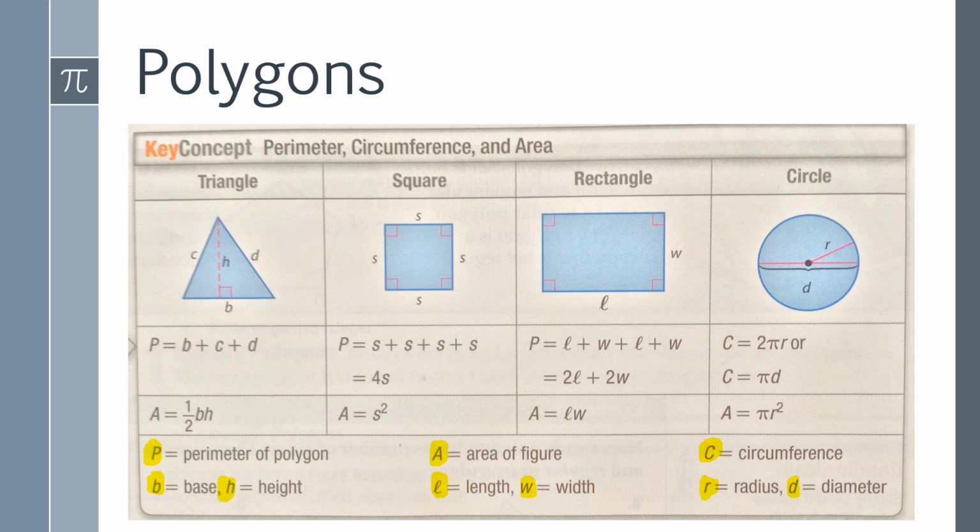So all of these formulas you're going to have to be able to use. But we will have aids in our classroom that you'll be able to take a quick look at and figure out those formulas.